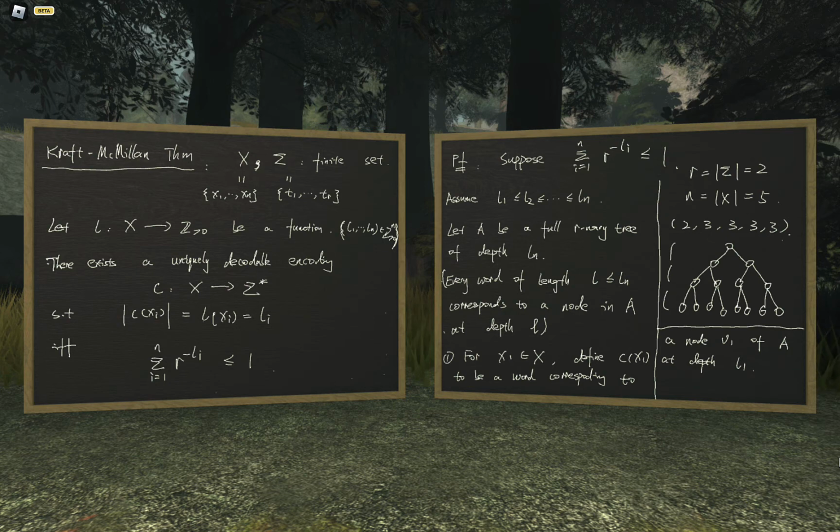Here in this example, L1 is 2. Then we define C(x1) to be any node at depth 2. Let me just choose the first one. This is the first step.